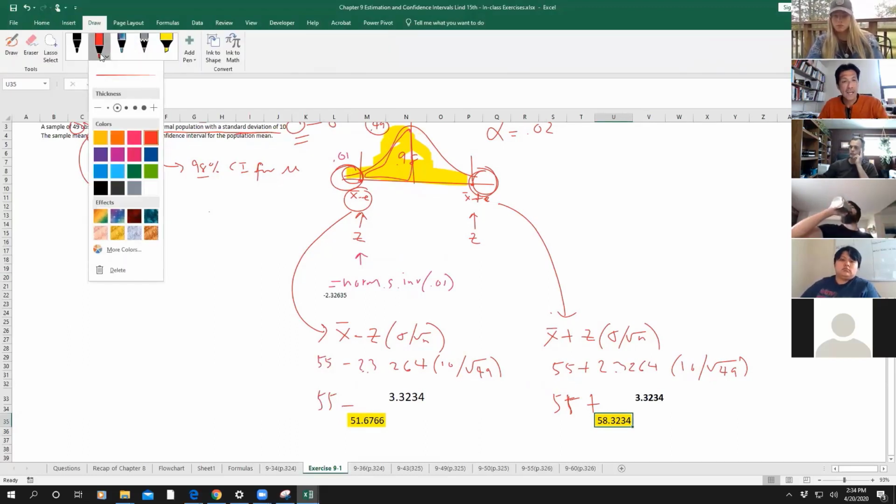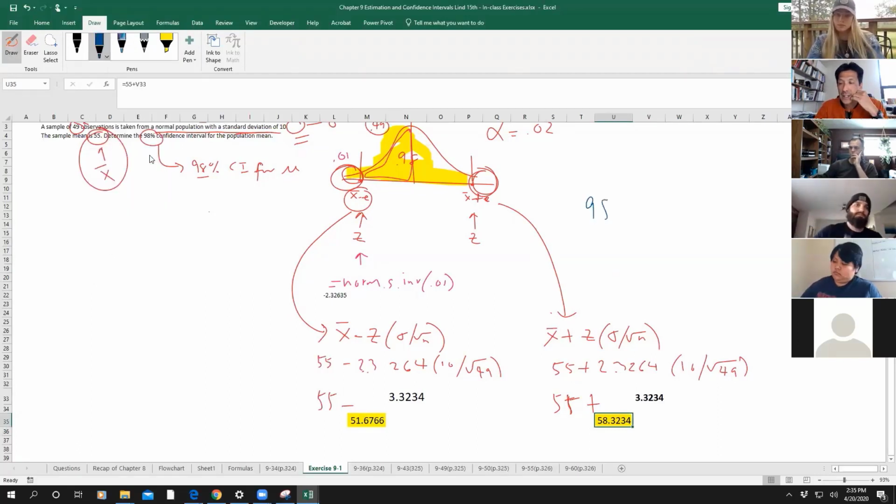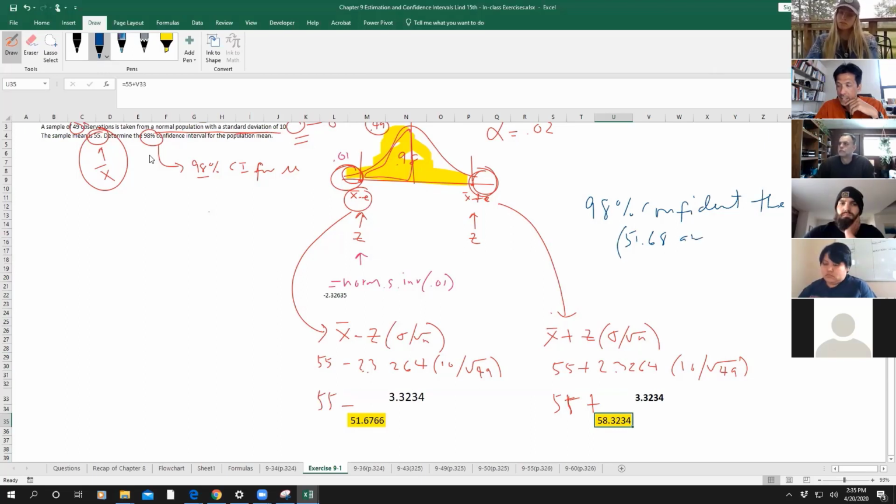We are 98% confident that the interval 51.68 and 58.32 contains the actual population mean, mu.